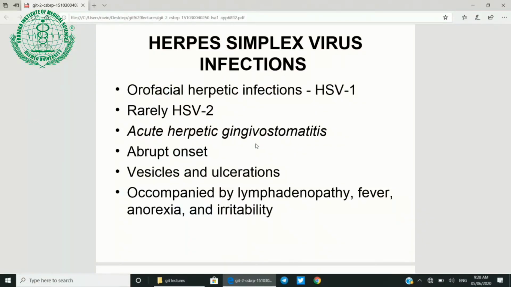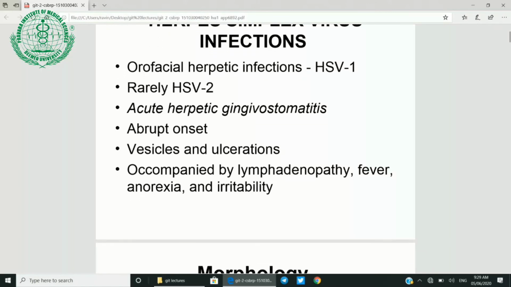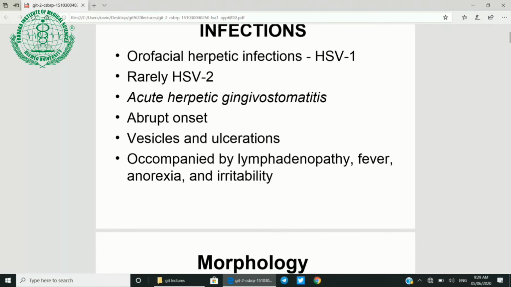When we talk of this herpes simplex viral infection, it is basically an infection caused by the herpes simplex virus 1, HSV1. Very rarely HSV2 causes the infection, and it mostly affects the gingiva and the stoma.